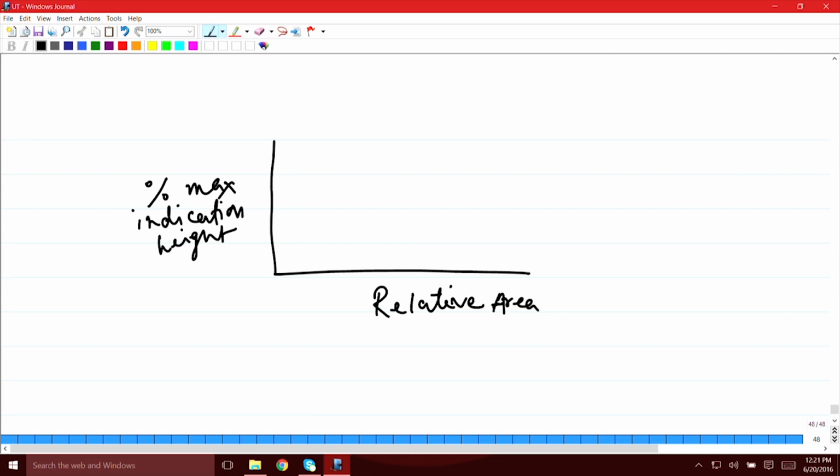Relative area because the area is proportional to the square of the number. Relative area unit. Then the plot will look like this.